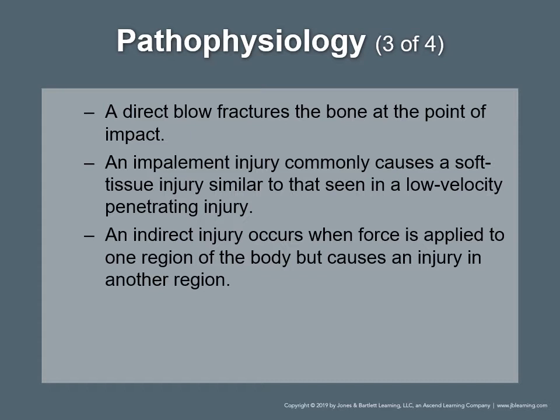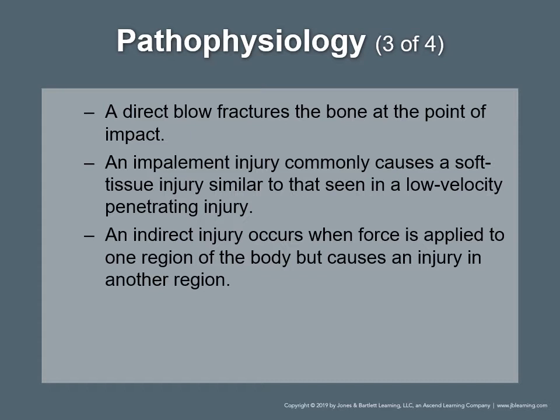A high velocity injury typically shatters the bone and causes extensive soft tissue damage. An impalement injury commonly causes a soft tissue injury similar to that seen in a low velocity penetrating injury. It is essential to stabilize the object to protect the soft tissues from further injury.